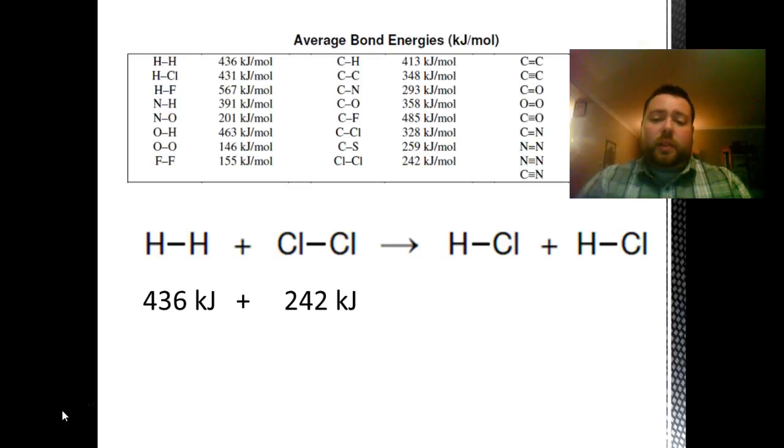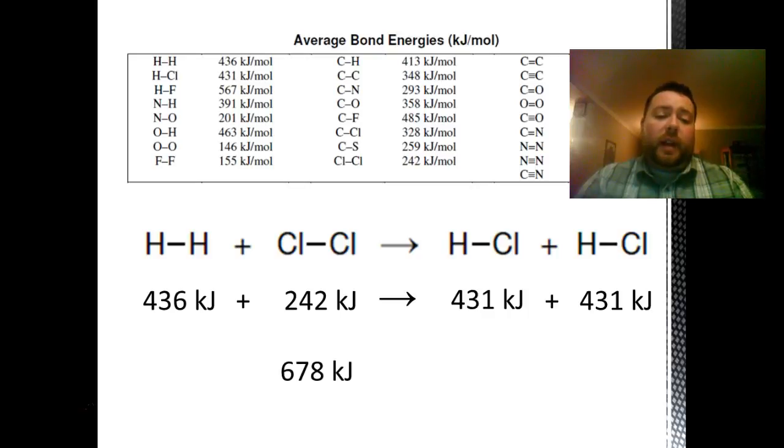Well, that allows us to move on to the product side, which has our hydrogen and chlorine. Now, our hydrogen and chlorine are bonded together. Right over here, we have a value of 431 kilojoules, so we plug that into our equation. But this time we have 2 of them, so I just wrote them side by side, and having it added together like that allows us to do some simple arithmetic.